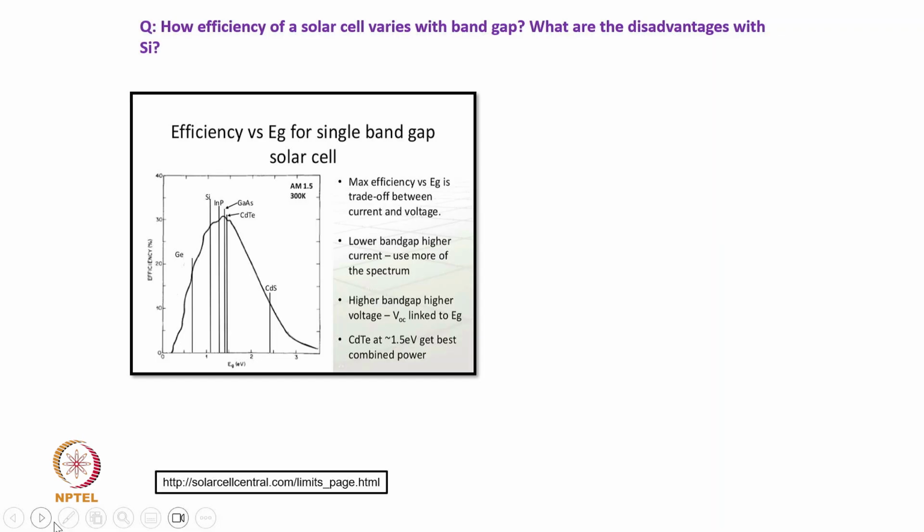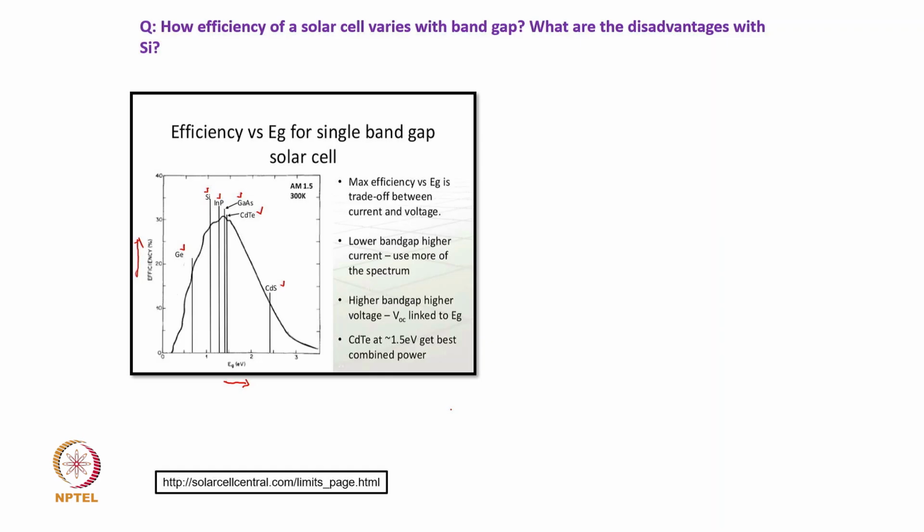So, as we have discussed, if we plot band gap along x axis and efficiency along y axis, this is a typical plot which we get. And if you look at this particular plot, then here we have germanium, then silicon, their lower band gap, then relatively higher band gap indium phosphide, gallium arsenide, cadmium telluride, CDS.